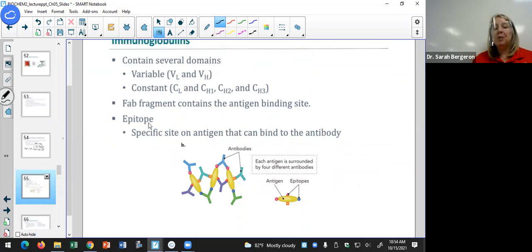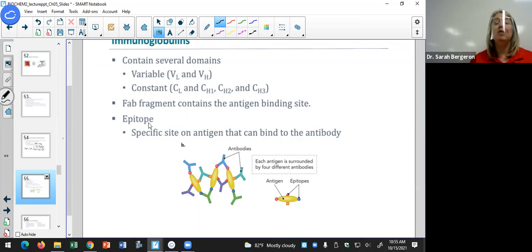So now, we said antibodies bind to antigens. An antigen can be really big, right? So there are actually multiple sites on one antigen that antibodies can bind to, and we call those sites epitopes. So within, let's say, the coronavirus spike protein, the spike protein itself is the antigen, but the spike protein's huge.